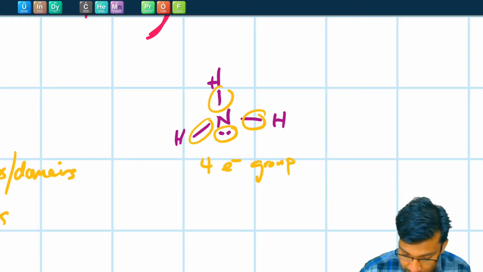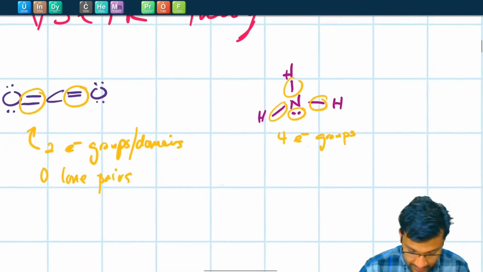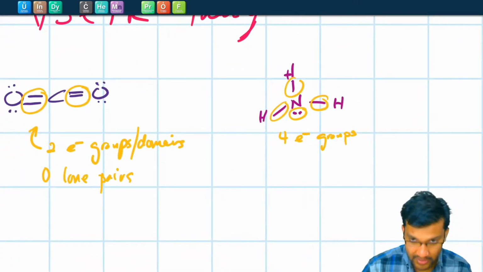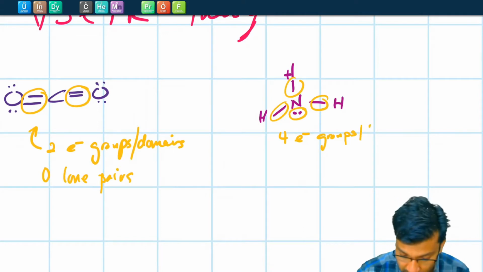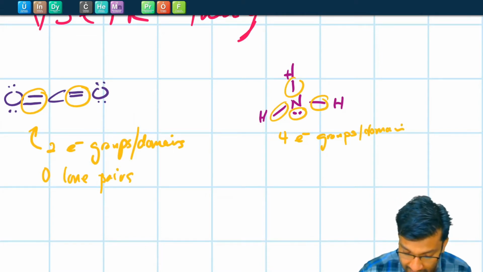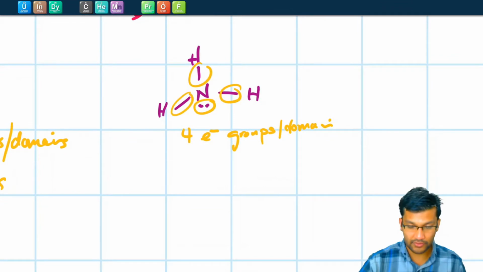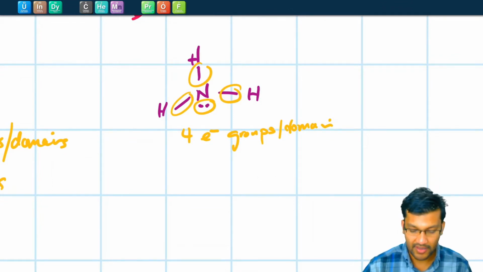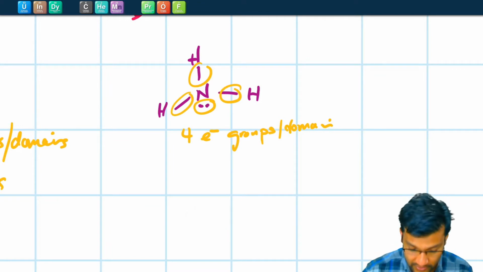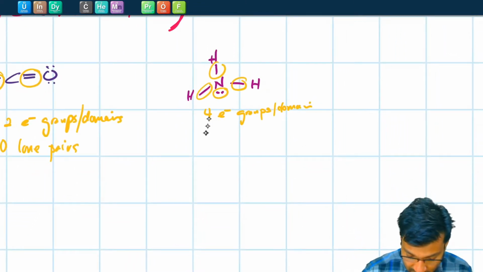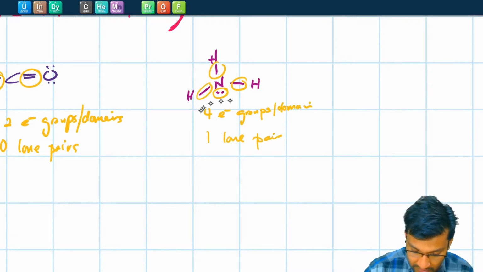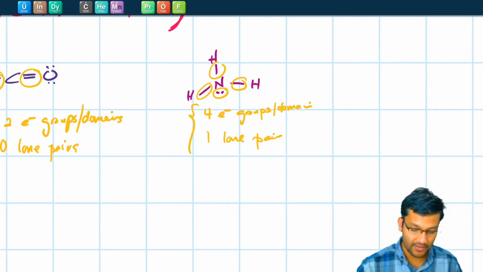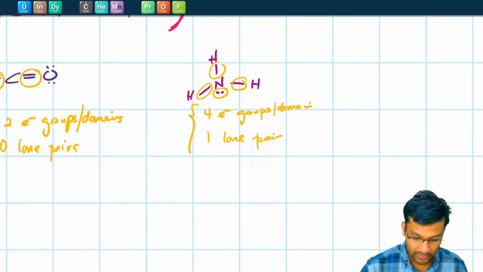Each bond, regardless of whether it's a single or double bond, is a single electron group or electron domain, and each lone pair is its own domain. So if you have two sets of lone pairs, those will be two different electron groups. In this one, we also have one lone pair. Together, this will help us to determine what the geometry around that molecule is.